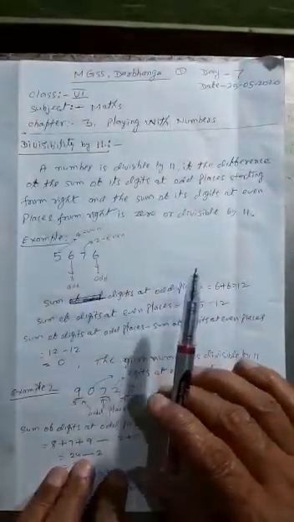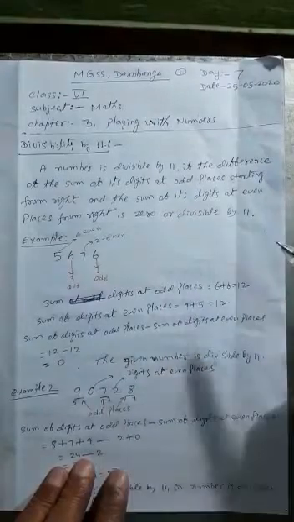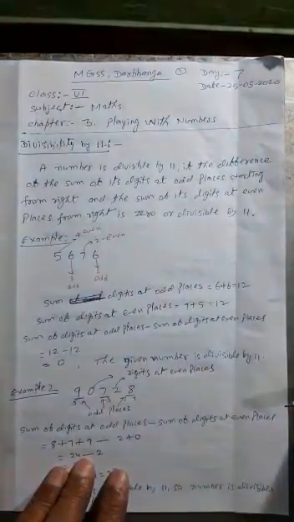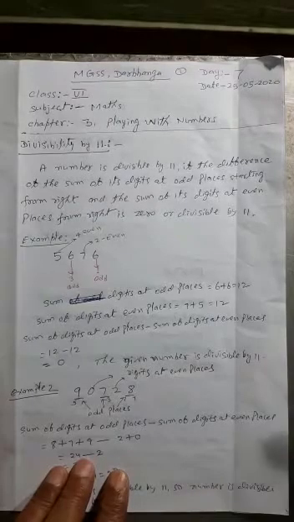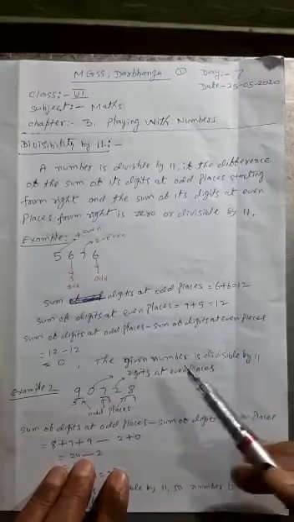In the previous 2 videos we have discussed divisibility rules or tests for the divisibility of numbers. Without actual division, how can we say whether any given number is divisible by another number or not? Some rules we have discussed.